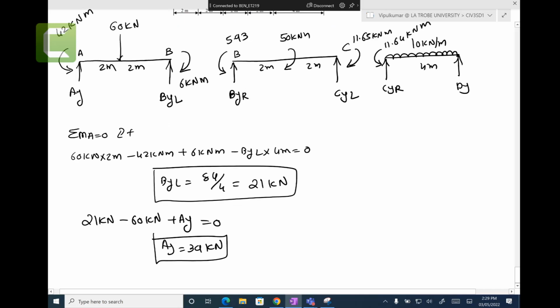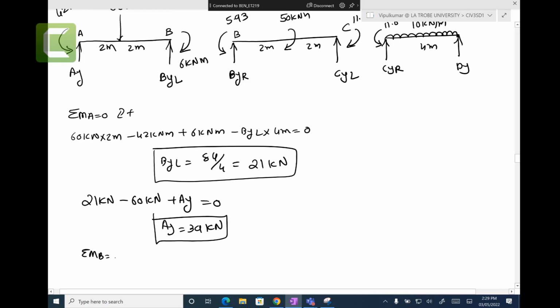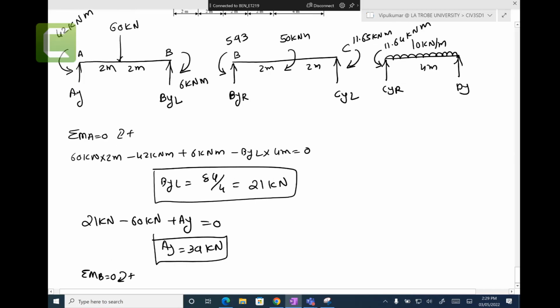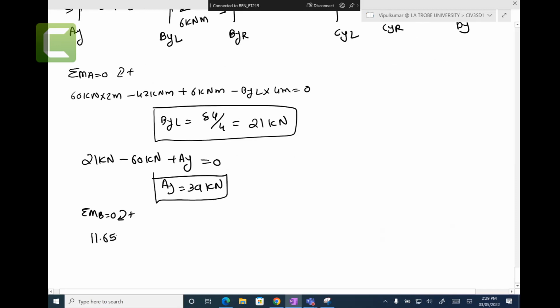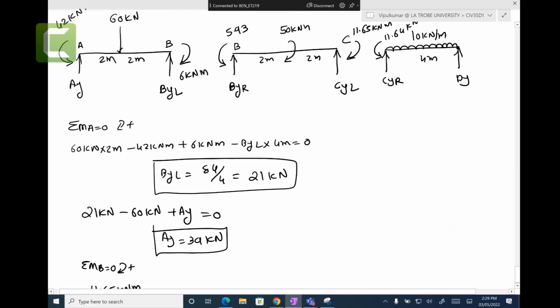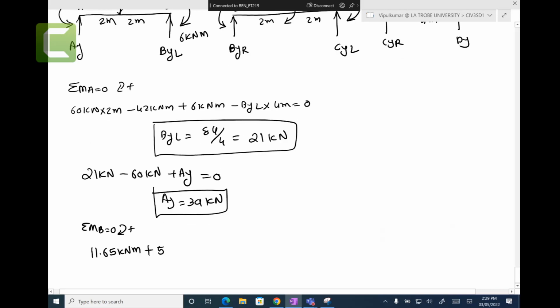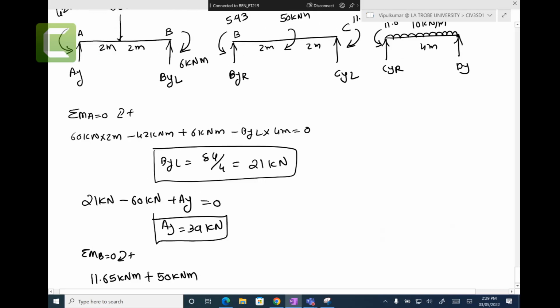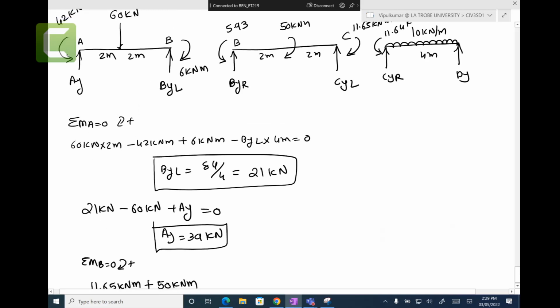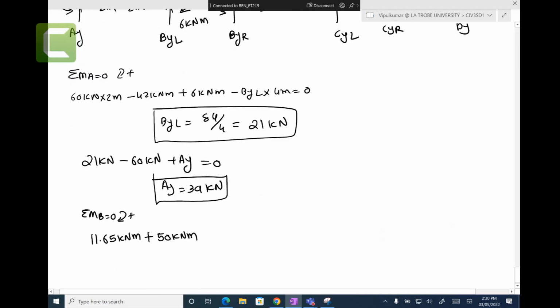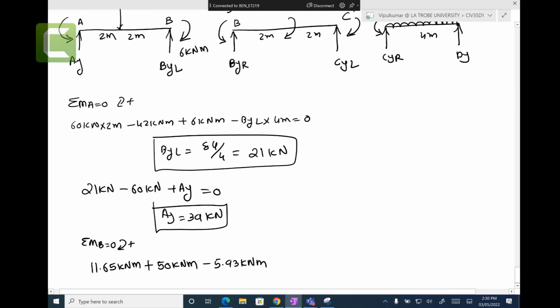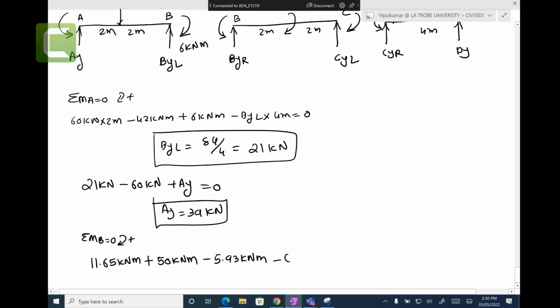Rounding it up, sum of the moment at B equal to 0, clockwise is positive. 11.65 plus 50 kilonewton meters minus 5.93 kilonewton meters minus CYL times 4 meters equal to 0.